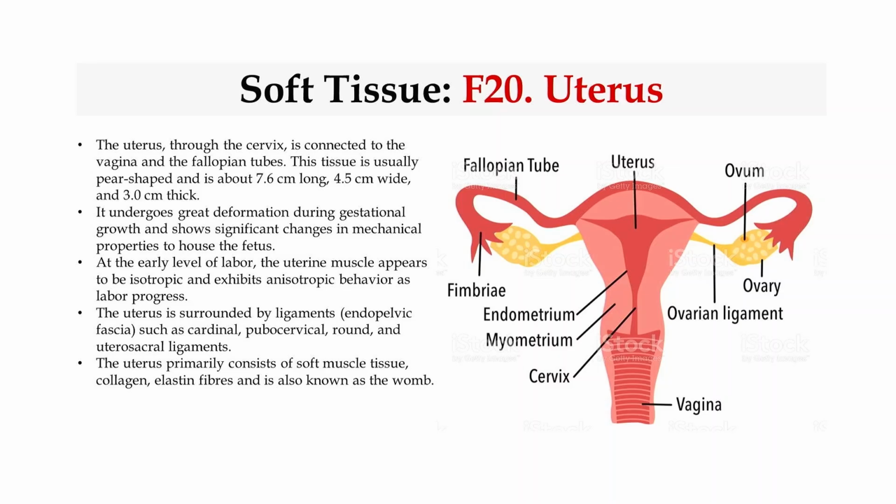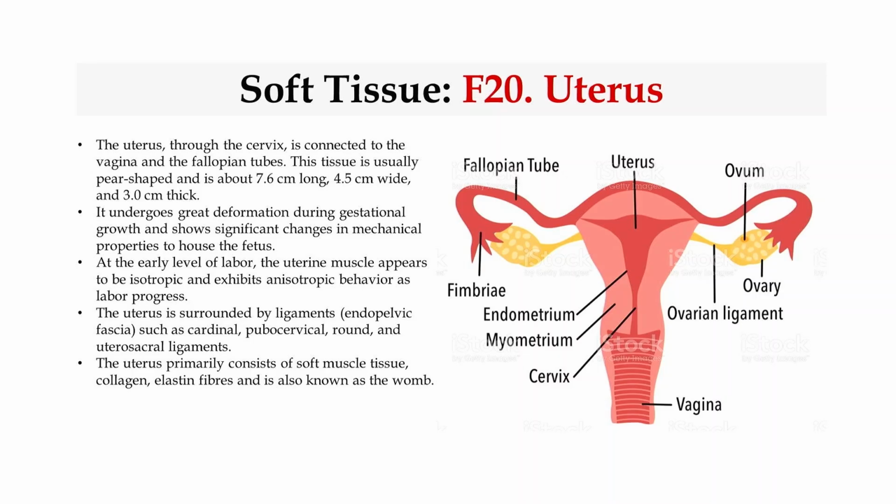Structurally, the uterus is connected with the fallopian tube, then you have the ovaries, which hold the eggs, and then it moves towards the endometrium, followed by the myometrium, to the cervix and the vaginal opening.